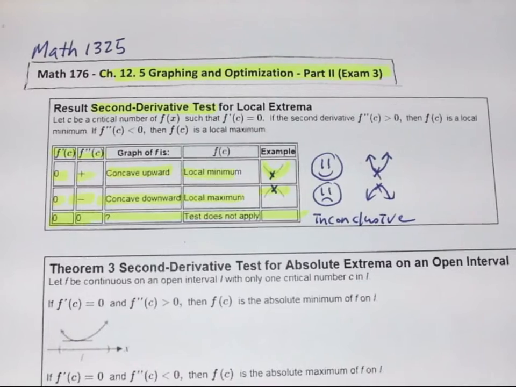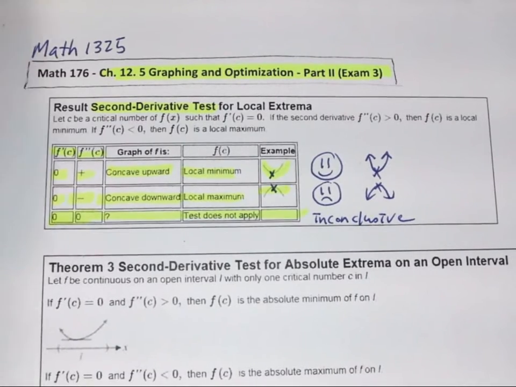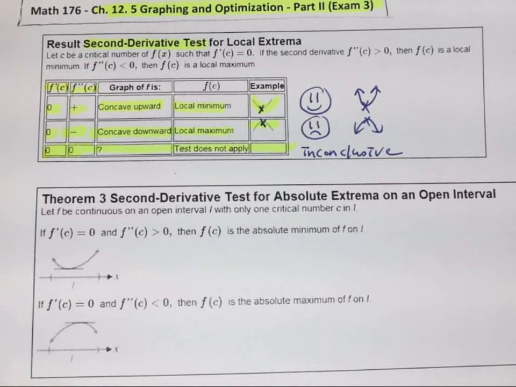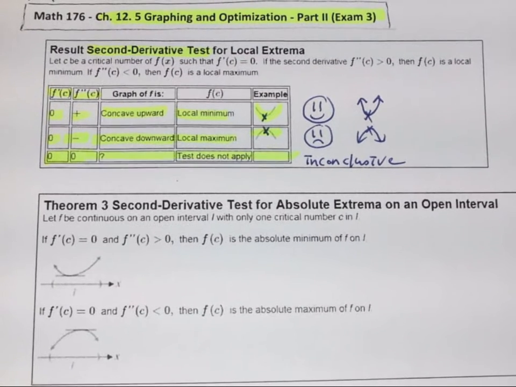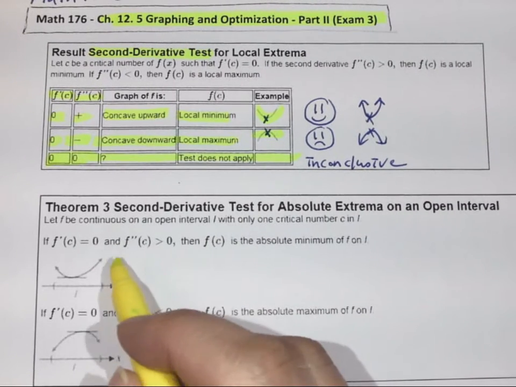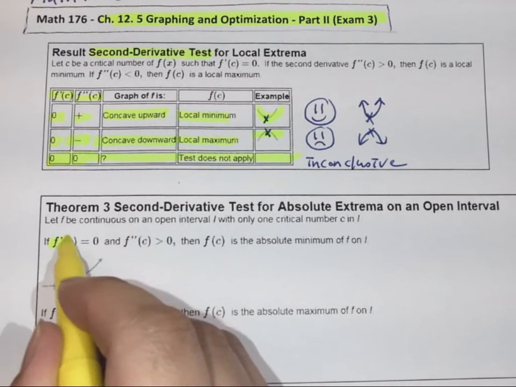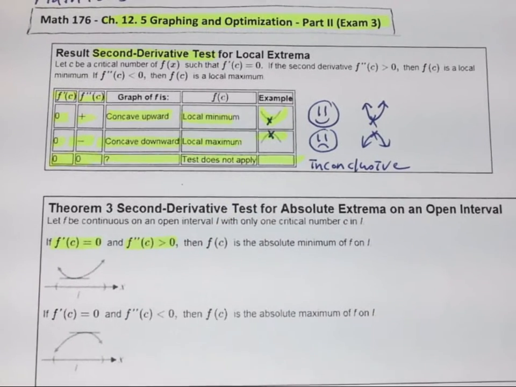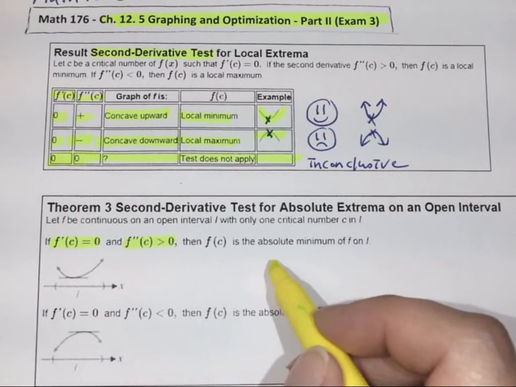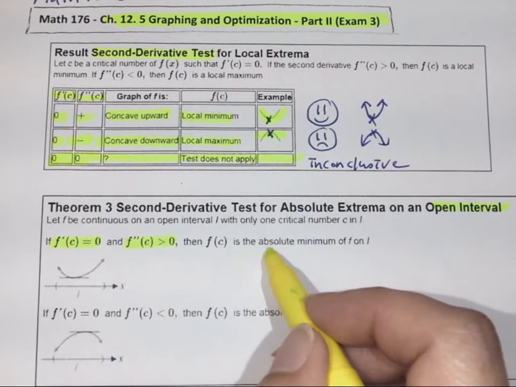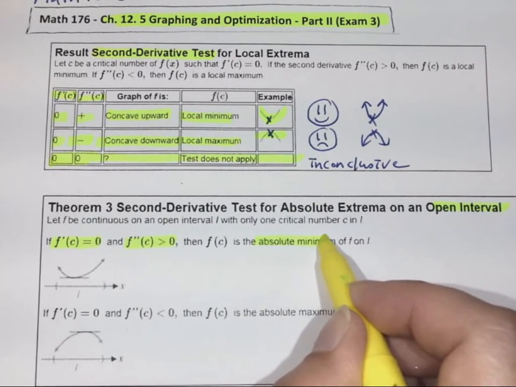All right, so this table summarizes what happened here. The next theorem says second derivative test for absolute extrema on an open interval. First derivative equal to 0 is a critical number, and the second derivative is greater than 0. Then if it's an open interval, it's going to have an absolute minimum.